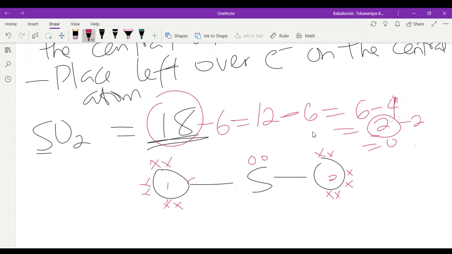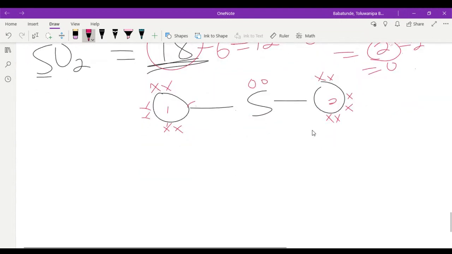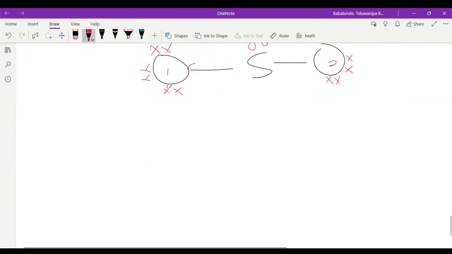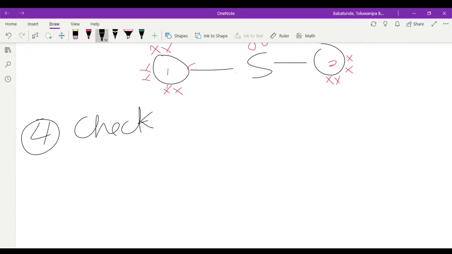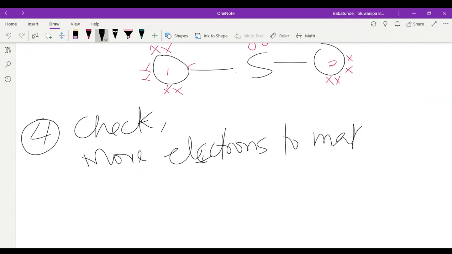So the next thing is we now check if all the atoms are happy, that is, if all the atoms have obtained their octet structure, we leave them as it is, and if not, we can now move electrons to make multiple bonds.